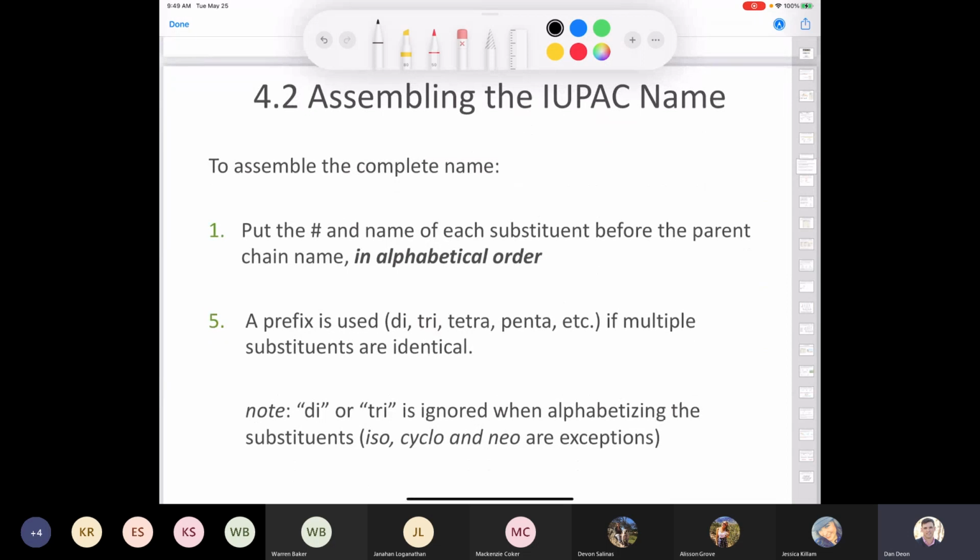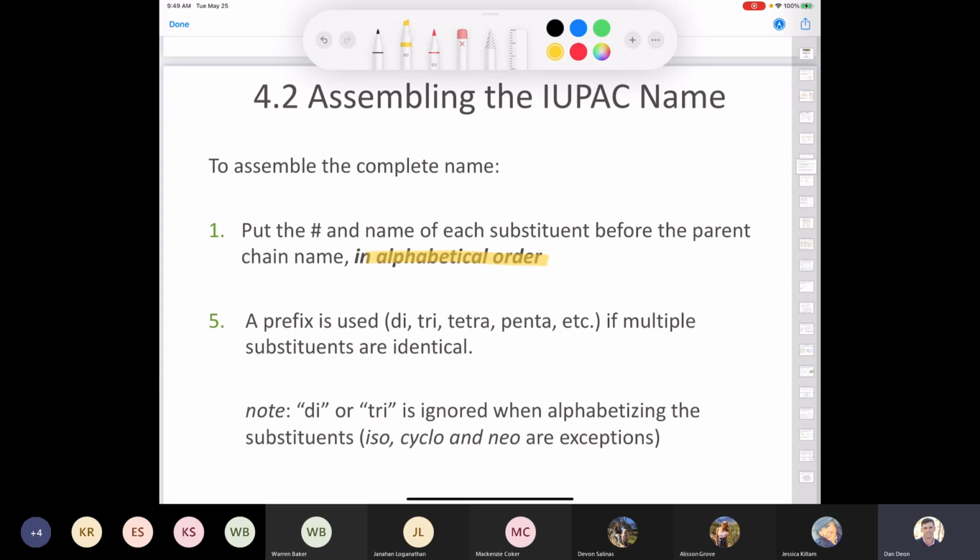You put the number and the name of each substituent before the chain name in alphabetical order. So, for example, the bromo comes before a chloro, right? An ethyl comes before a propyl. If you use a prefix like di, tri, tetra, penta, whatever, if multiple substituents are identical.